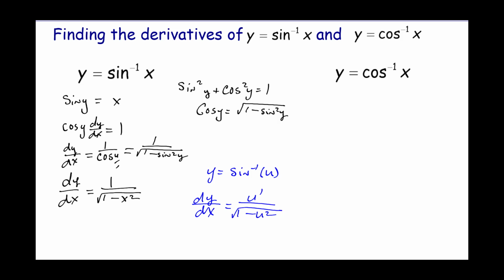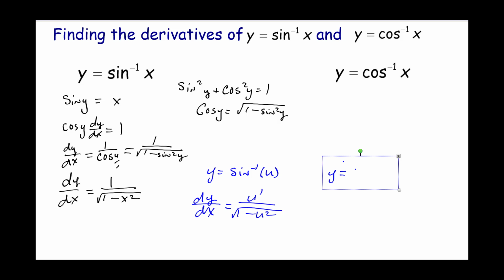Now, I could go through the same derivation for the inverse cosine, but there's really only one small difference in the formula for its derivative, because the derivation is exactly the same. So if I have y equals the inverse cosine of u, I'm having pen troubles here, sorry about that.